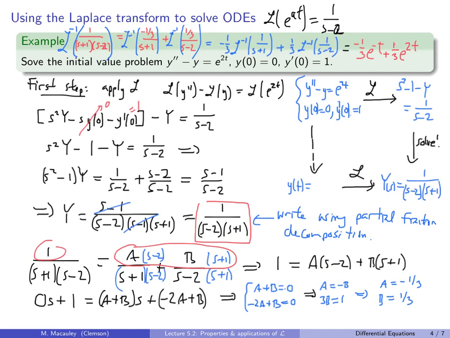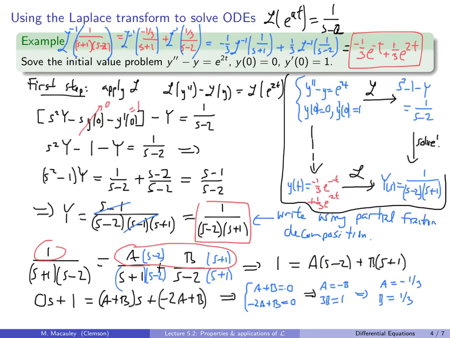So to summarize, we have found our function. Let's put it down here. Negative 1/3 e to the negative t plus positive 1/3 e to the 2t. There's our function. This is our summary of how we solved this differential equation using a Laplace transform. We first of all took the Laplace transform of everything and we got an algebraic equation.